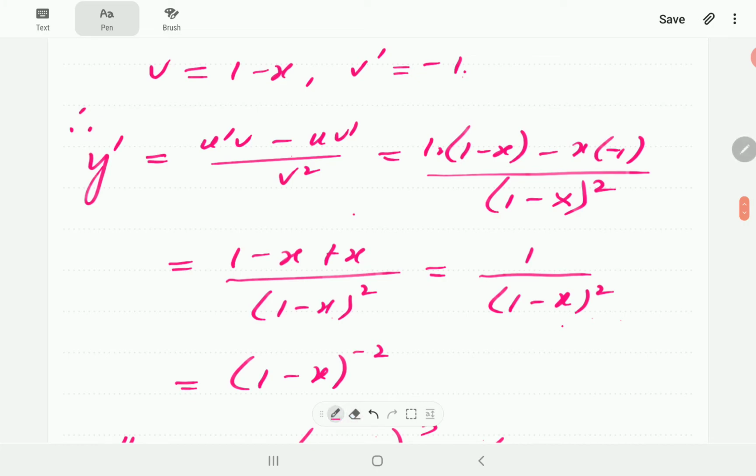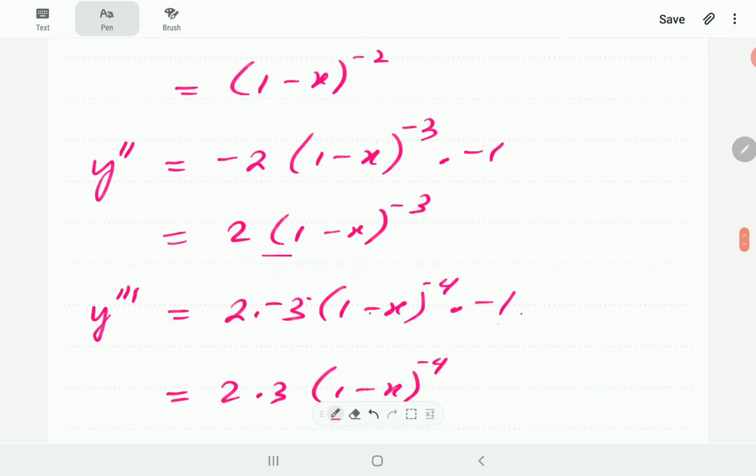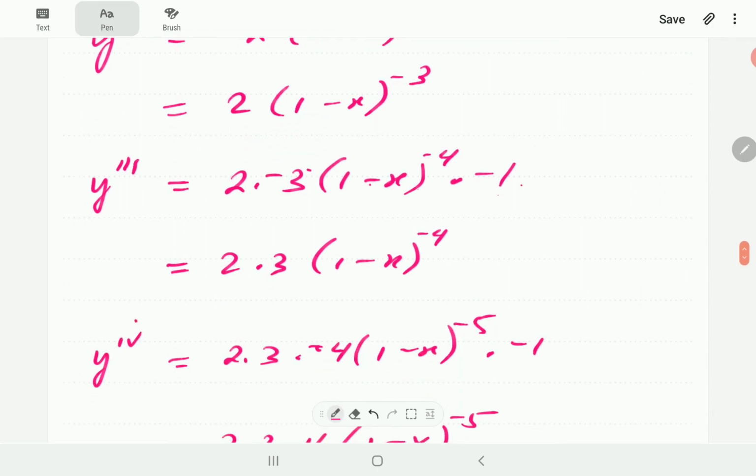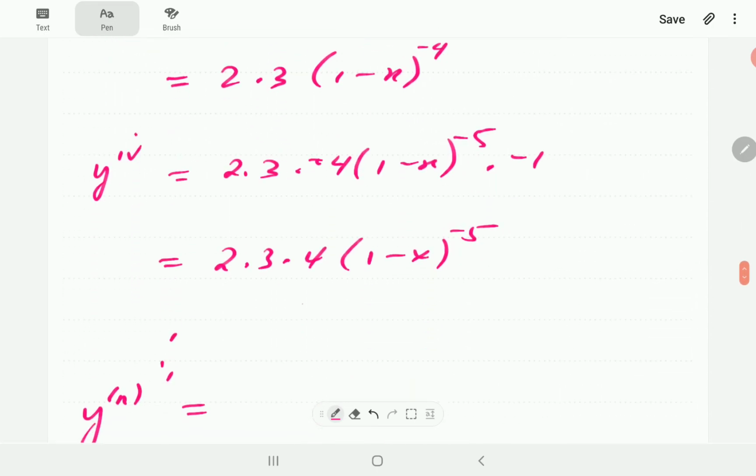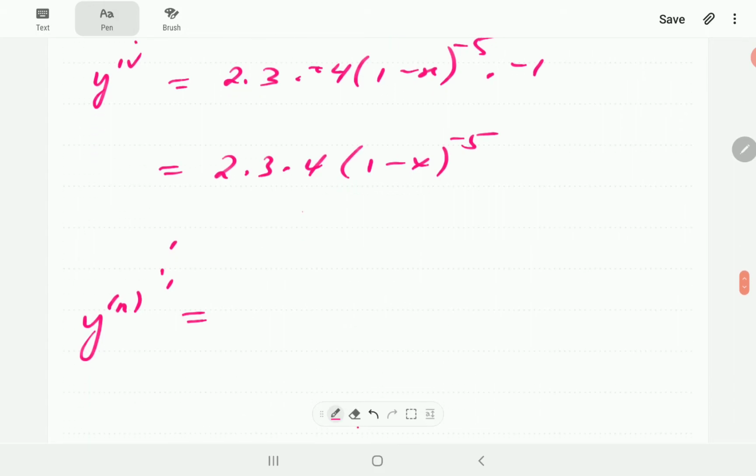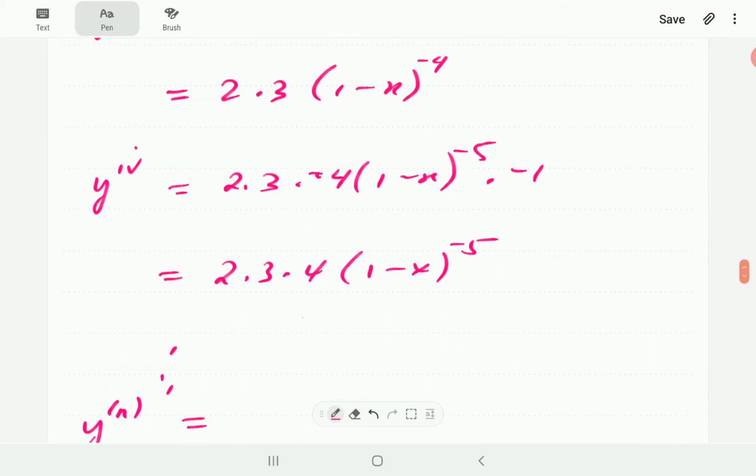Okay, so there's the first one, it's positive. Second one is positive. Third one is positive. Fourth one is positive. So as far as the sign is concerned, all of them are positive.